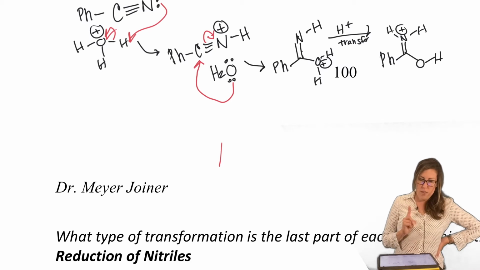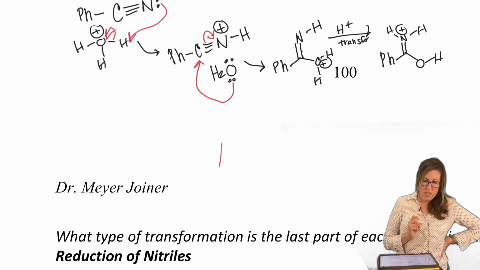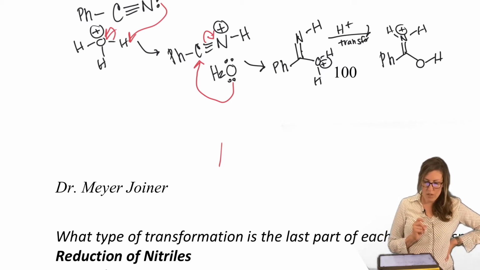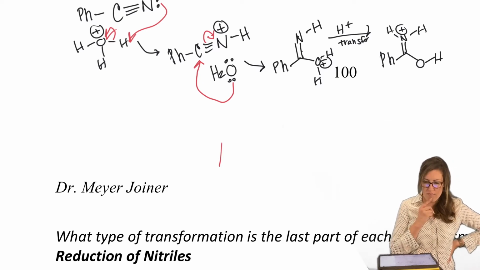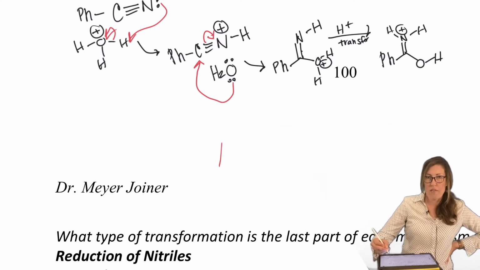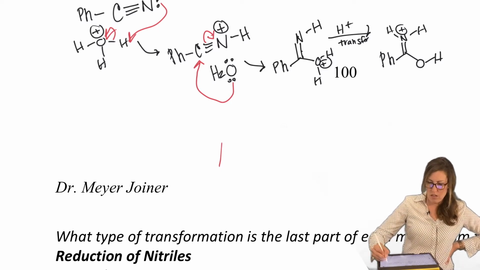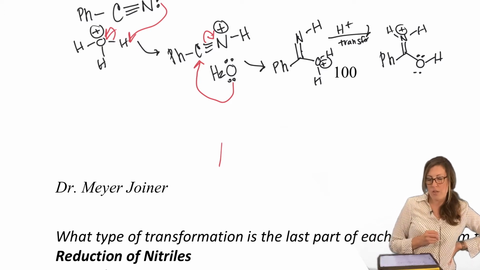Okay, so now think about this for a minute. We're in acid. We did a proton transfer, and now this is ready for attack, right? It's also ready to accept some electrons.